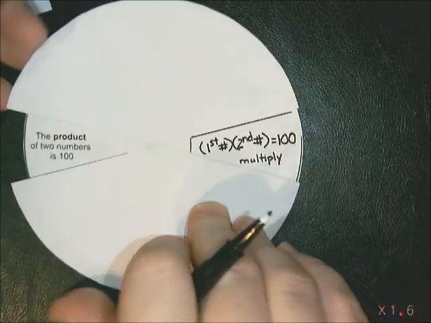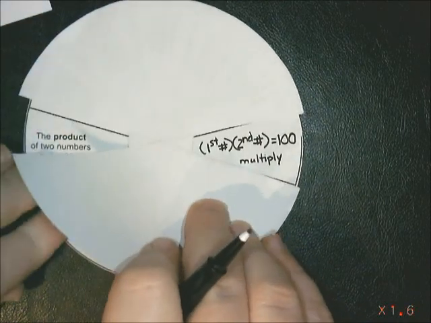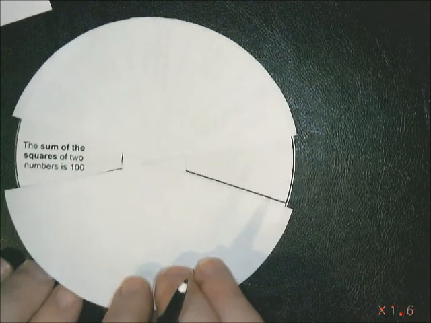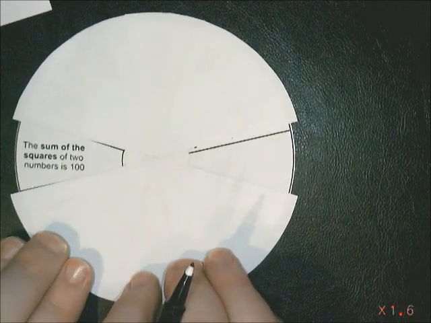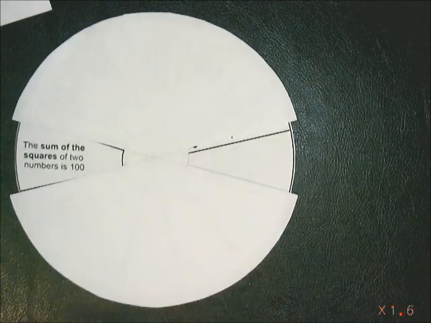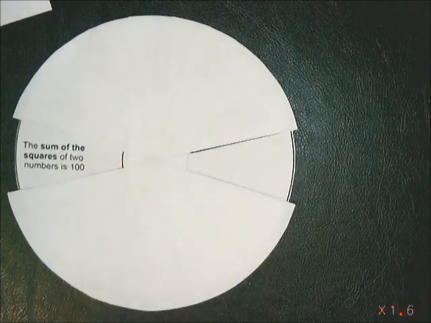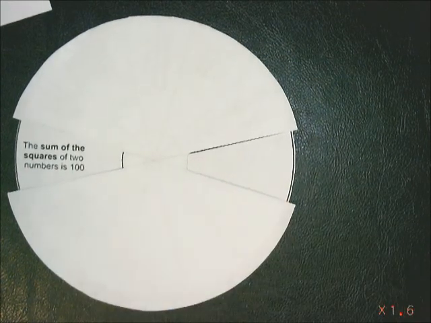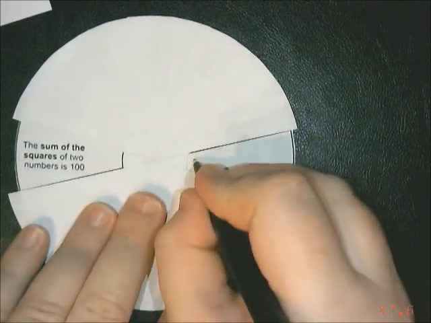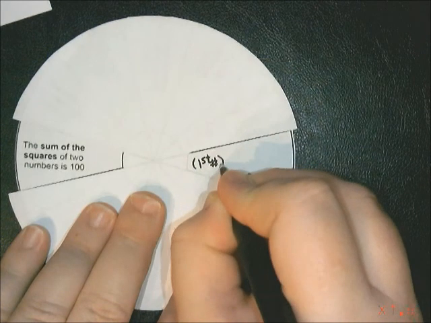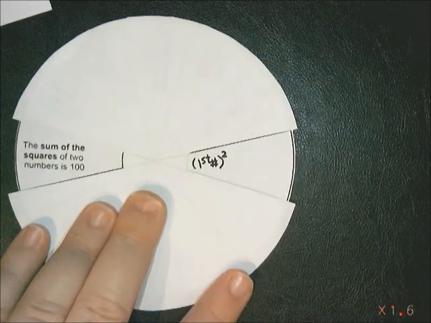All right. So I'm going to turn the bottom part, and we're going to look at the next phrase. So the sum of the squares of two numbers is 100. Sum is a word that means addition, and a square is when you square something. So if you have two numbers, you take the first number and square it, so multiply it by itself.